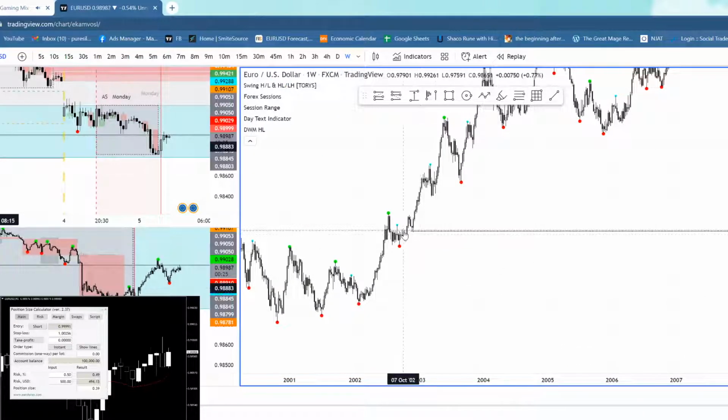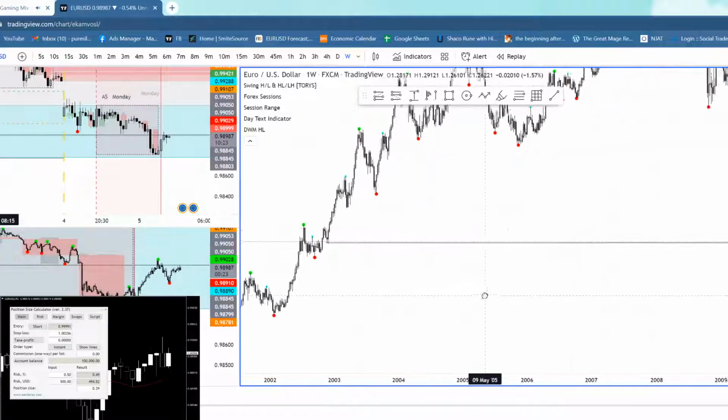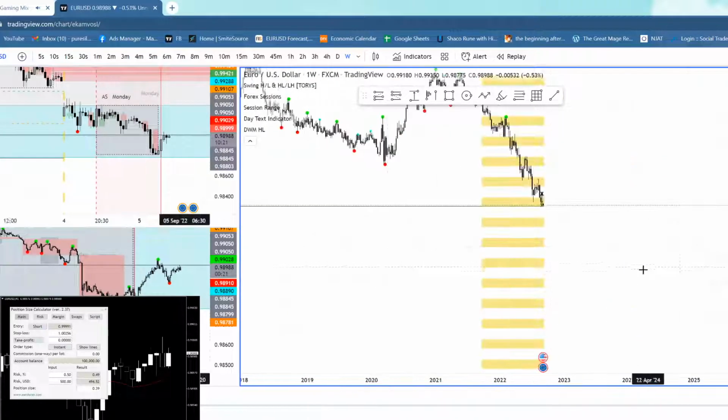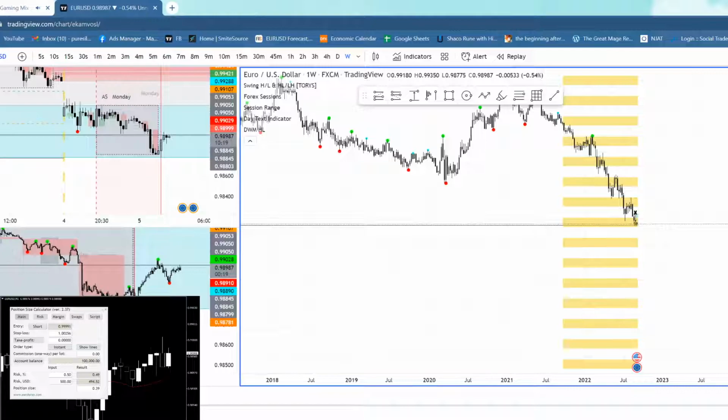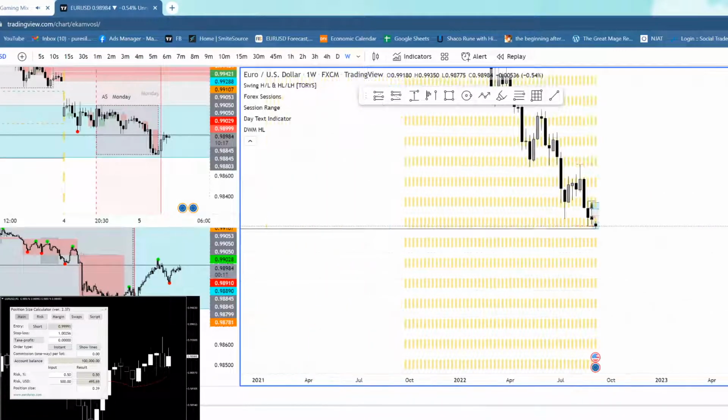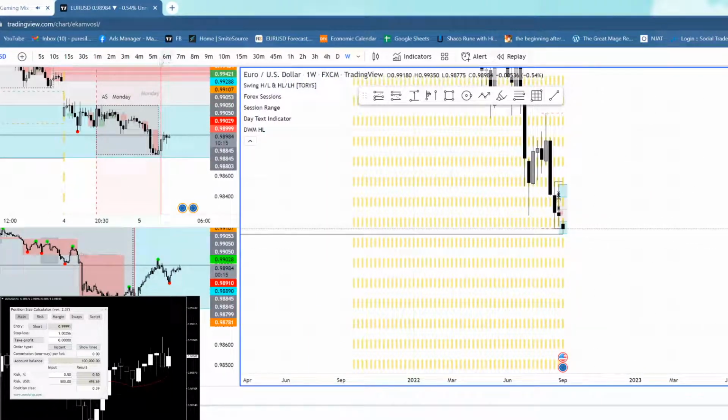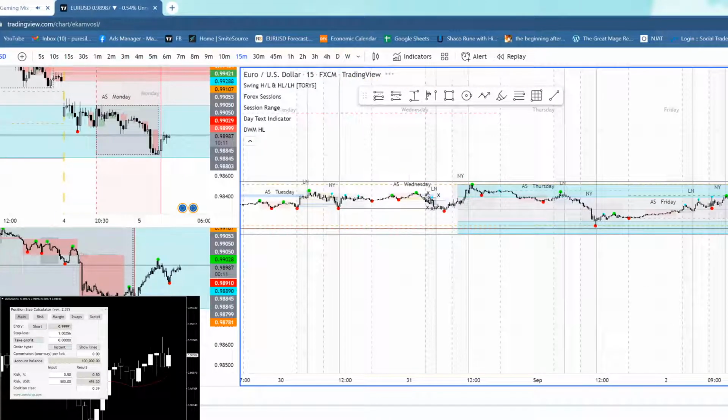Okay, so we reacted out of this. It still hasn't broken that low, which is interesting. Yeah, still hasn't broken that low, which is interesting.